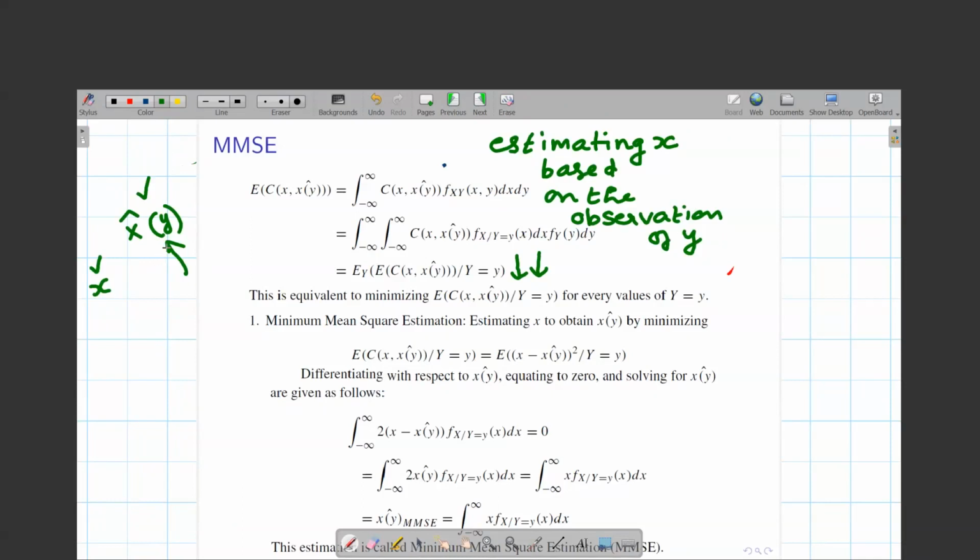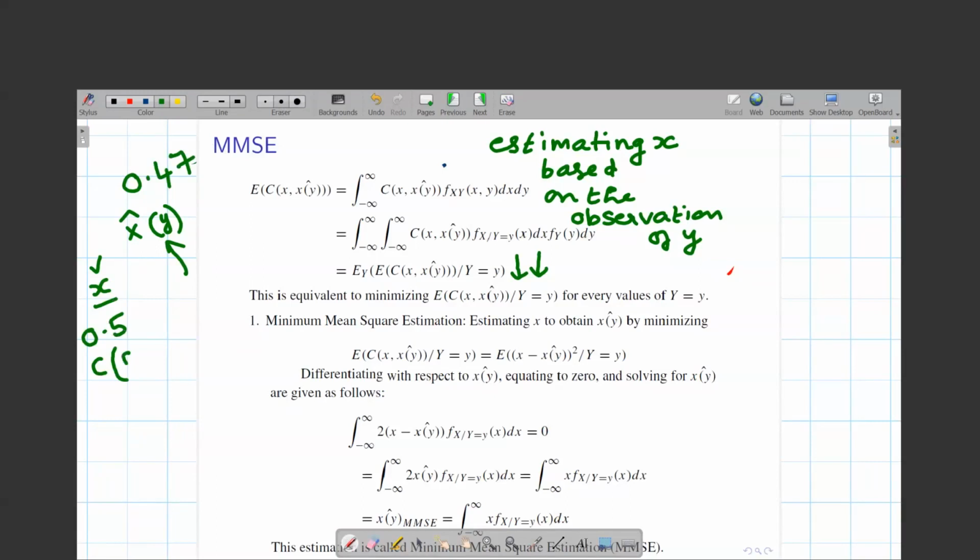Now, I hope you are getting it. The original value is x, and x cap of y is the estimate of that. For example, let us say the original value is 0.5 and you are estimating that value as 0.47, something like that. You have some error in it, so that error we give something like a penalty. This is what we call a cost function.